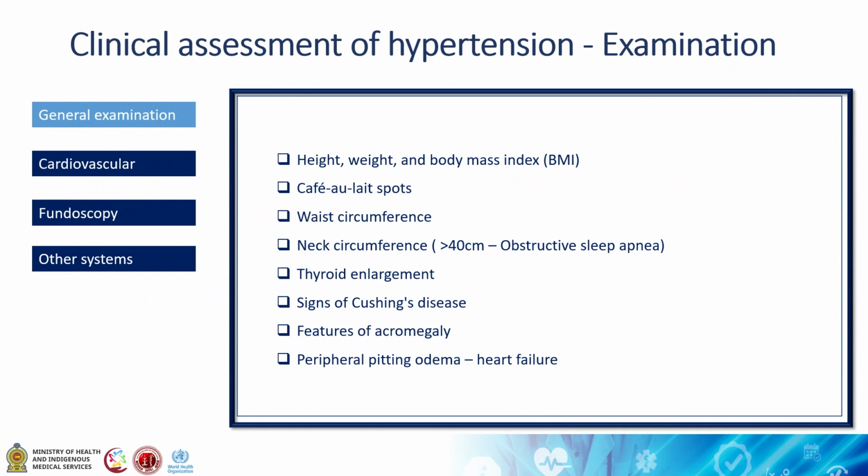Clinical assessment of hypertension. Examination. General examination. Height, weight, and body mass index must be assessed. Cafe au lait spots. Waist circumference, neck circumference, thyroid enlargement, signs of Cushing's disease, features of acromegaly, peripheral pitting edema, suggestive of heart failure.